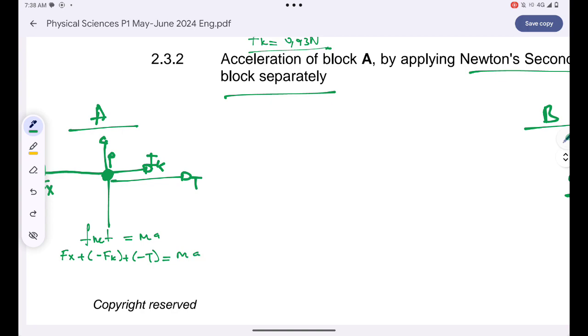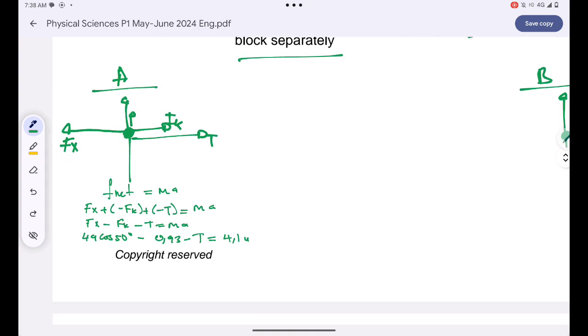That's equal to MA, and hence I'll end up having Fx minus Fk minus T is equal to MA. Fx is basically 49 cos of 50 degrees. The frictional force is 0.93 minus T. This is equal to 4.1 A.